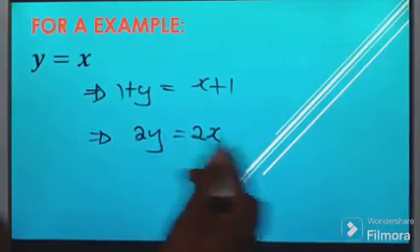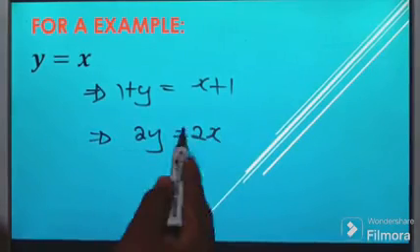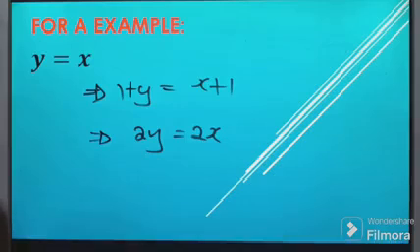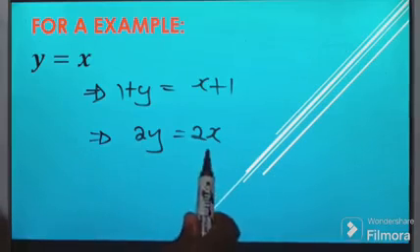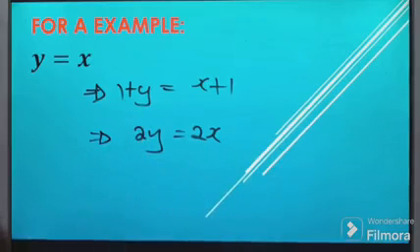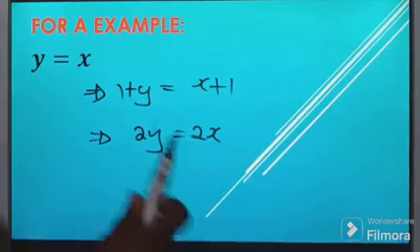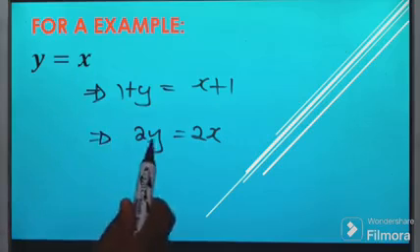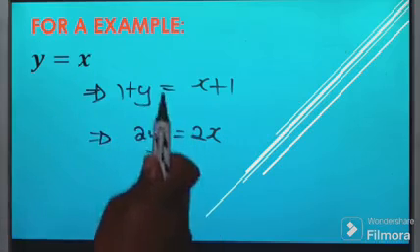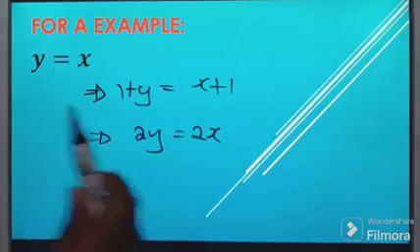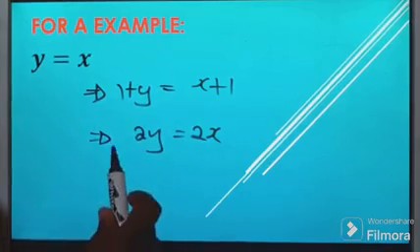If you multiply by 2 on both sides, it means the equation is still the same thing. It's still balanced. It may not look like our equation, but the thing is our equation is balanced, or it is still equal.